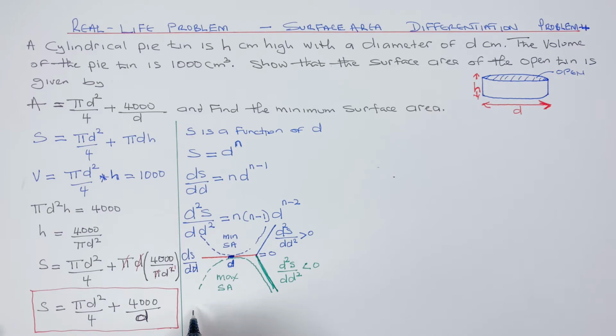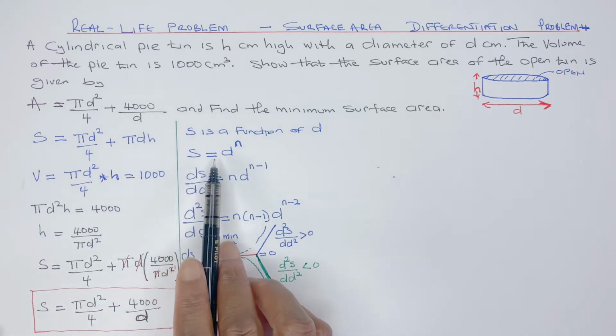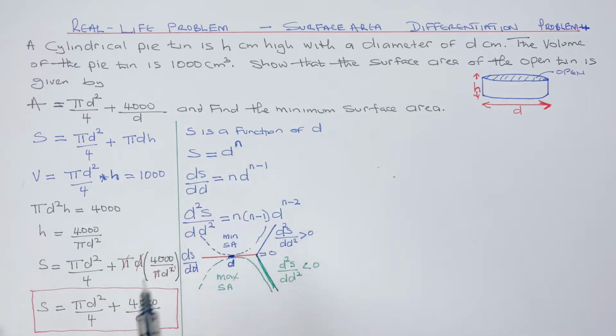Right, so in order to do that, we have to make sure the function is in the format x equal to D to the power of n. Is our function in that format? This is a function here. Just before we start, remember that 1 over D is equal to, in indices, D to the power minus 1.